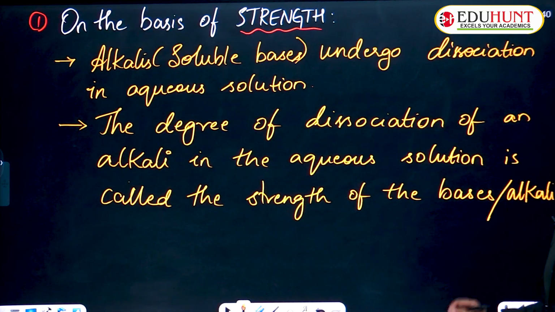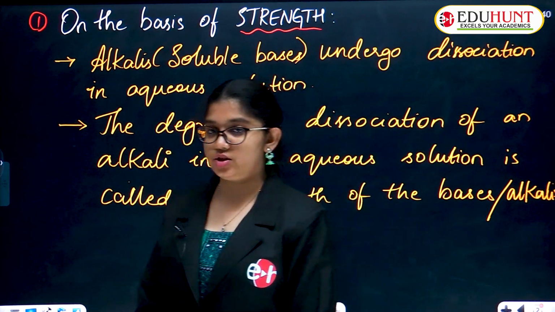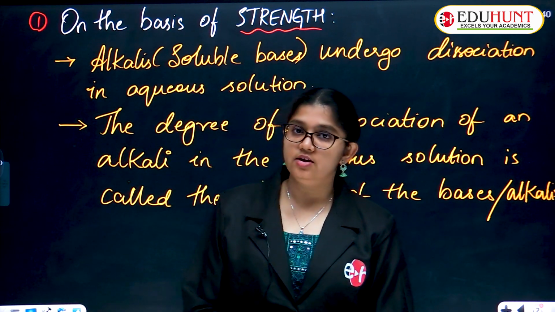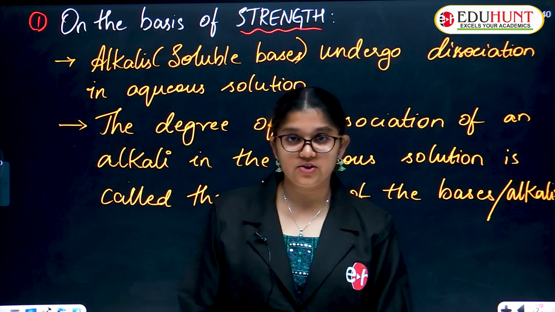Here, if you observe how to calculate the degree of dissociation, similarly to the classification of acids based upon strength, we gave some alpha value. What is alpha value? The degree of dissociation, right?